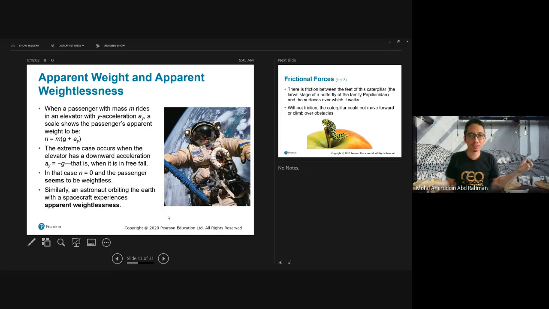He just feels like he's floating somewhere in space. This is because there is no gravitational force acting on his body when he is in space.